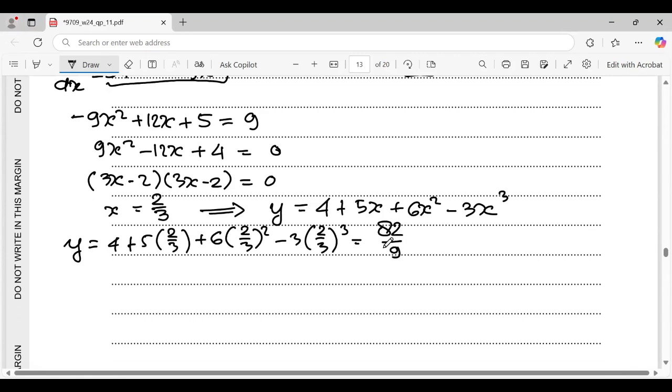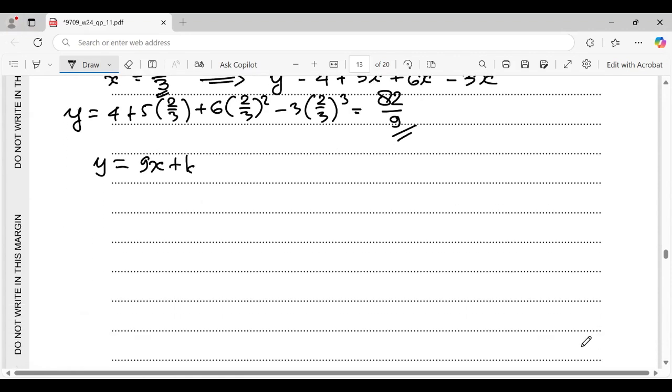82/9. Now, use the straight line equation. The straight line equation is y equals 9x plus k. Substitute y equals 82/9 and x equals 2/3.